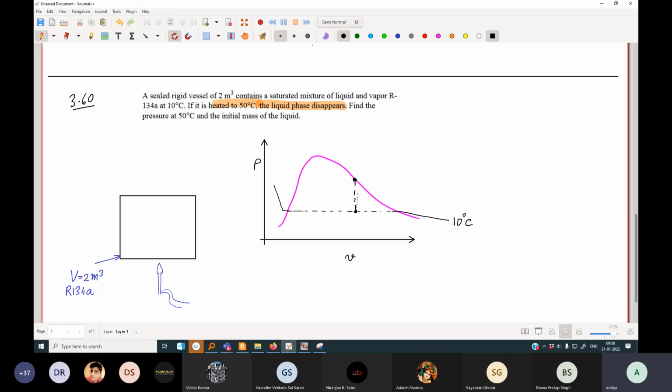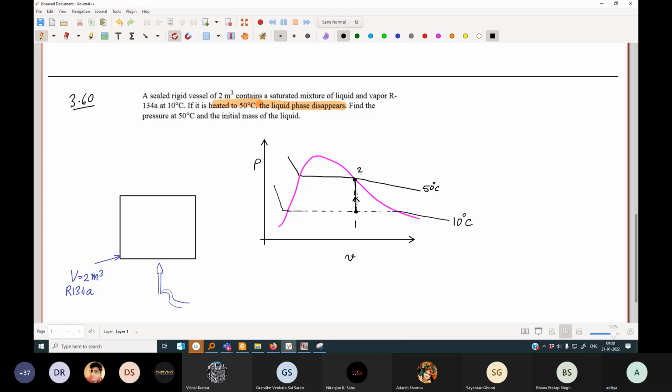So what should we do? We have to first draw the 50 degrees Celsius isotherm, and the intersection of this vertical line, this is state 1, this is state 2. The intersection of the vertical line with the 50 degrees Celsius isotherm defines completely what state 2 is going to be.